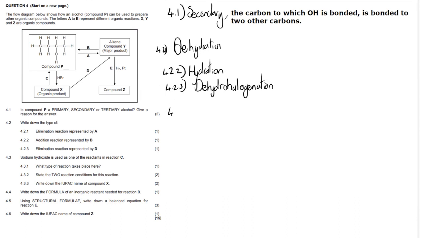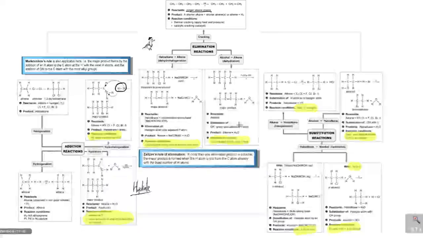Dehydrohalogenation. 4.3 here says sodium hydroxide, and let's finish 4.3 and then we can continue next time. Sodium hydroxide is used as one of the reactants in reaction C. Let's have a look there. You've got reaction C going from that haloalkane back to compound P. Again, that is some substitution.